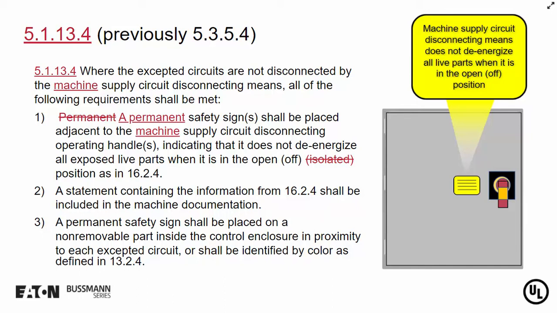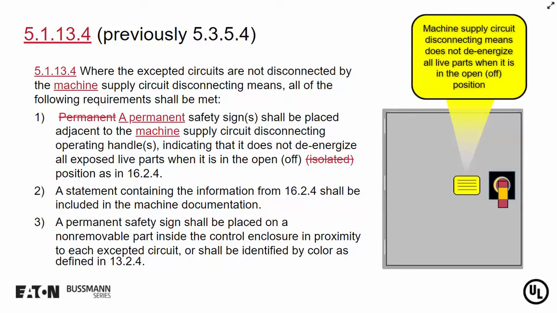And then you see item number 2 in the list, we talk about the need to contain information in the machine documentation, which is required in Chapter 16, information that addresses the importance of recognizing that you do have these accepted circuits and what is the purpose of them and what equipment is supplied by these circuits.